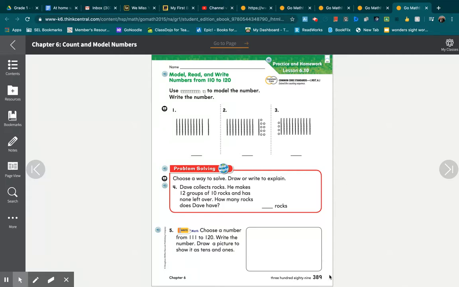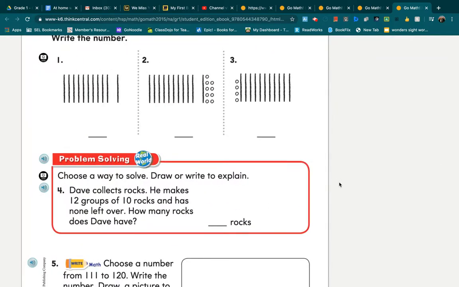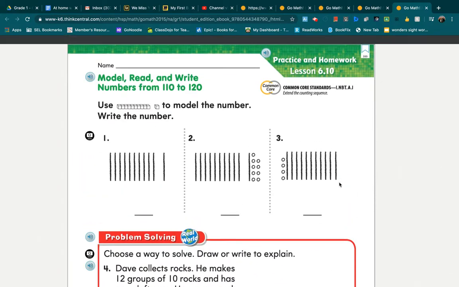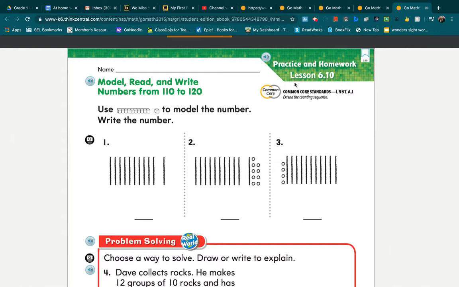It's on page 389. And I'm just going to get right to it. So, lesson 6.10, we're going to use sticks of 10 and ones to model the number and write the number. So, let's just go ahead and count these quick pictures. Count with me. 10, 20, 30, 40, 50, 60, 70, 80, 90, 100.